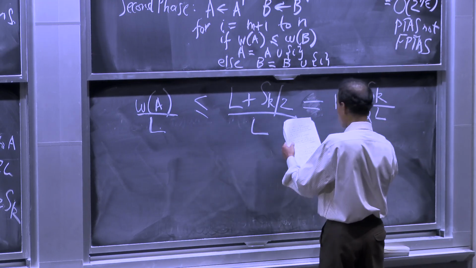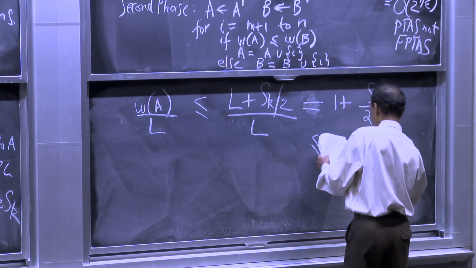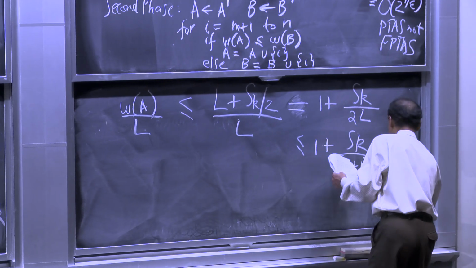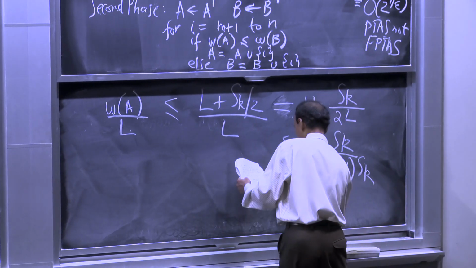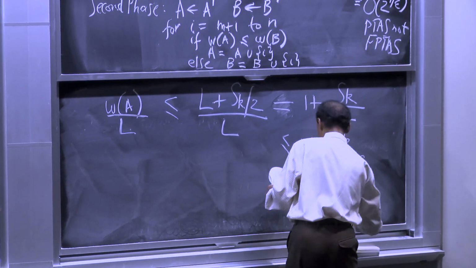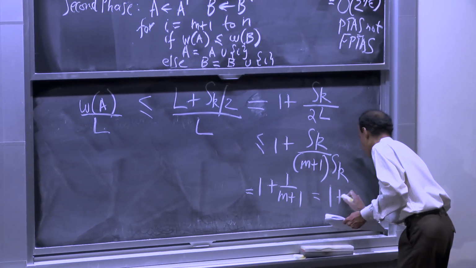This I have the less than or equal to, and then I can go less than or equal to 1 plus Sk divided by m plus 1 Sk, and then I got 1 plus 1 divided by m plus 1, which is of course 1 plus epsilon.